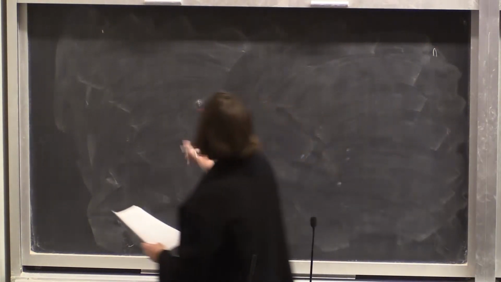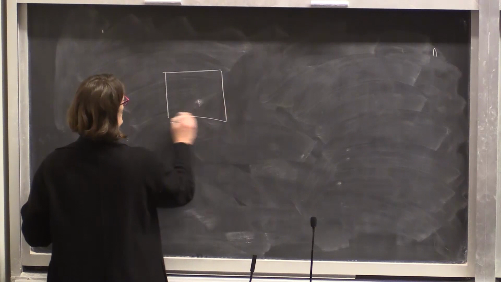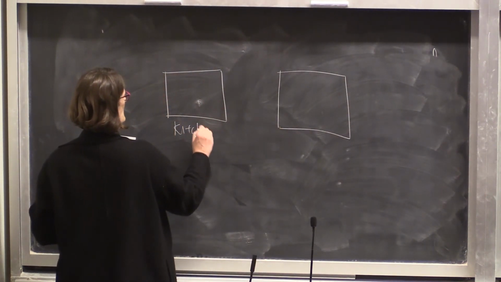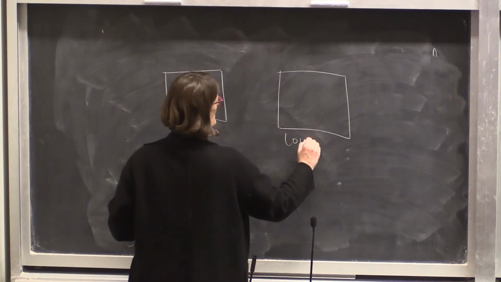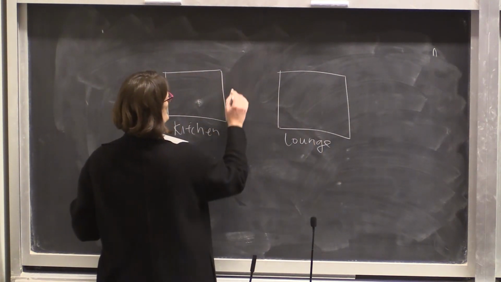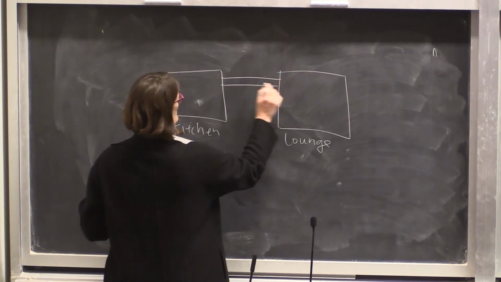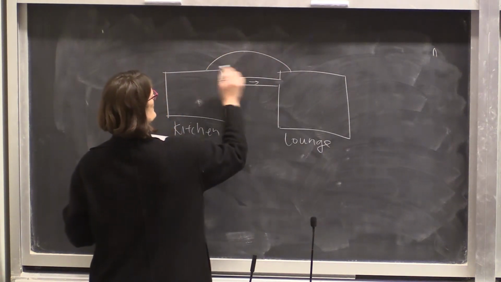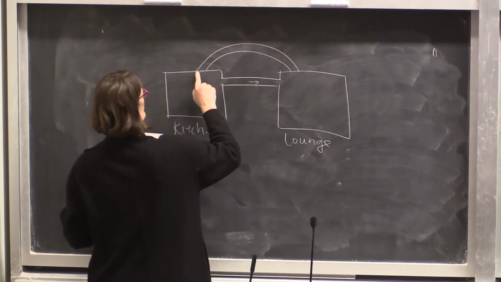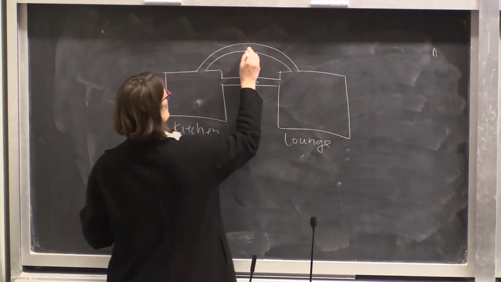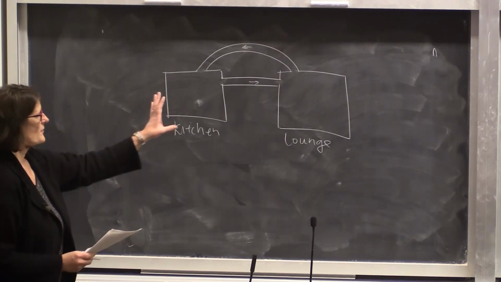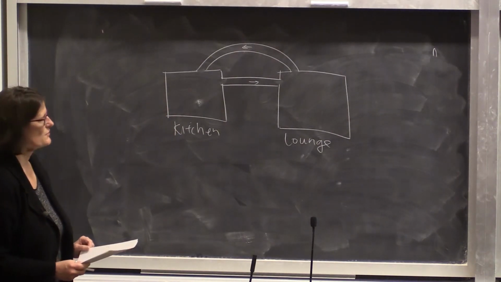So here we have 2 rooms. This is the kitchen. This is the lounge. The kitchen is connected to the lounge by a fan, and the lounge is connected to the kitchen by a fan. We will imagine that these are the only places where air can come in and out of the room.